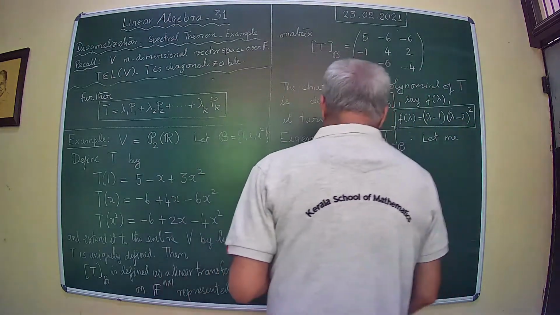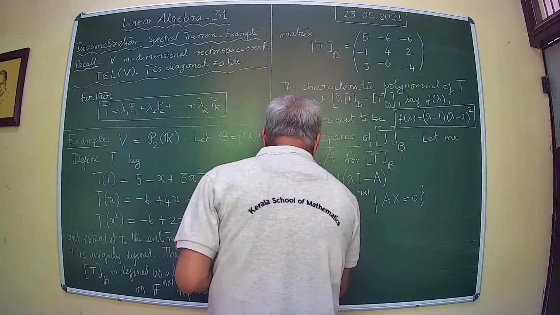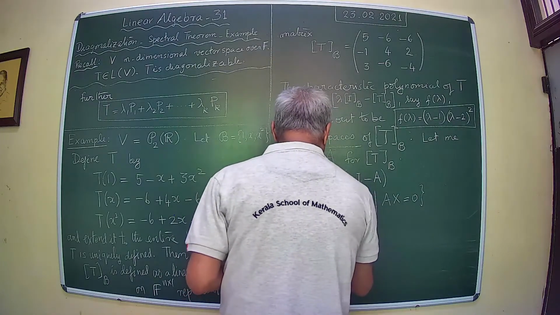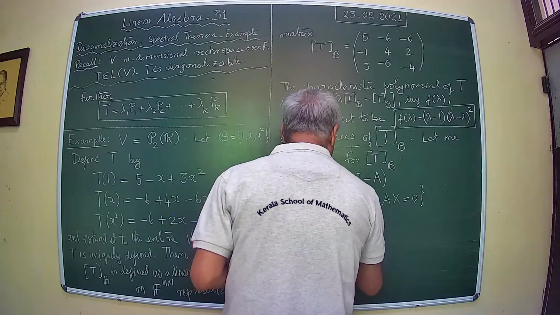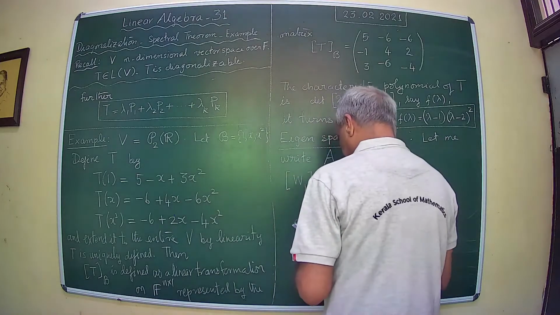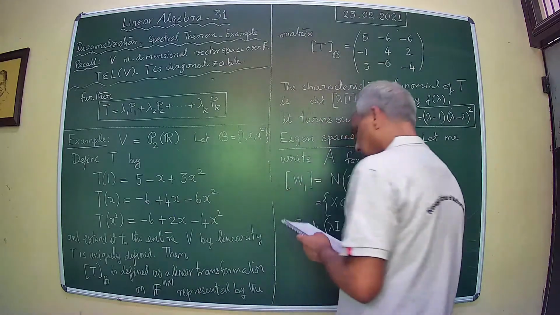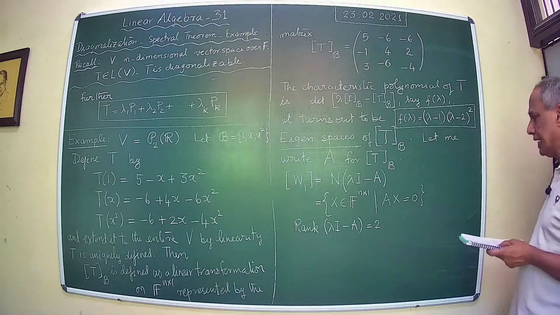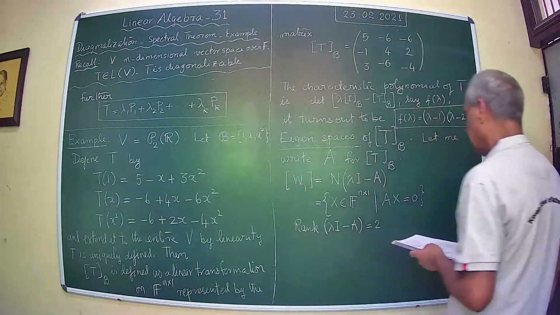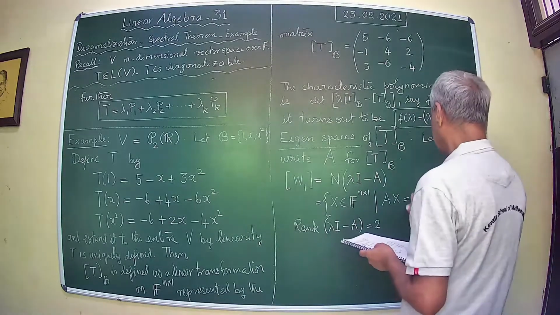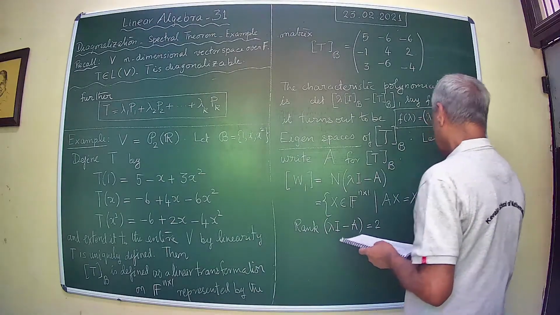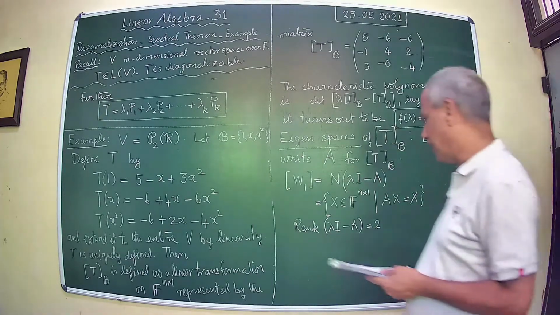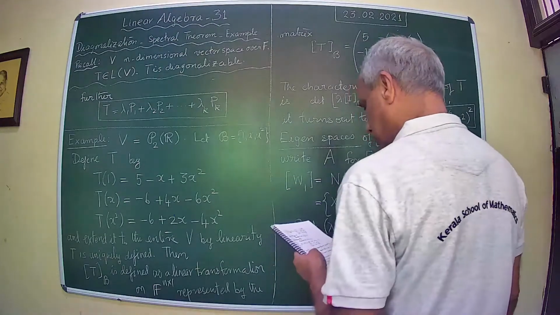The rank of this is equal to 2. In fact, you see that the rank of lambda I minus A is equal to 2.